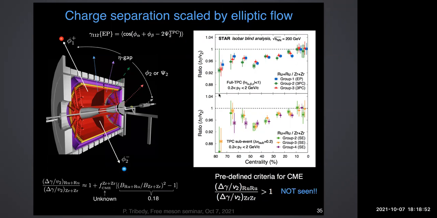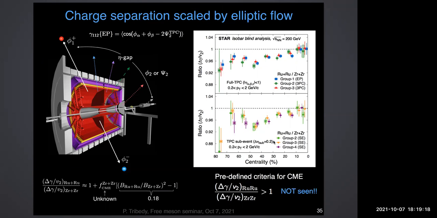So what is odd about this last centrality bin? First of all, the magnetic field is not large. It's a common misconception when people say the magnetic field keeps increasing as you go peripheral. It's actually not understood.